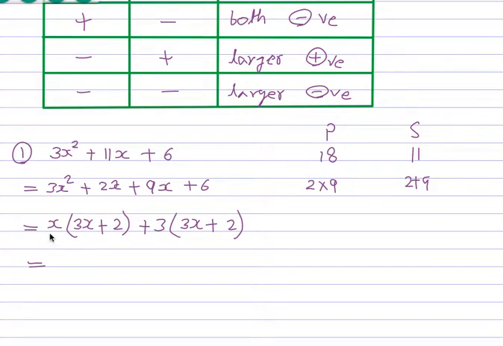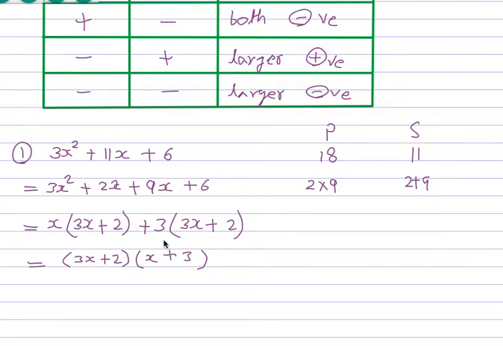Okay, so here there are 2 terms and the common thing is the bracket portion. So we can take this bracket portion common. And what is left? Here x is left and here plus 3.